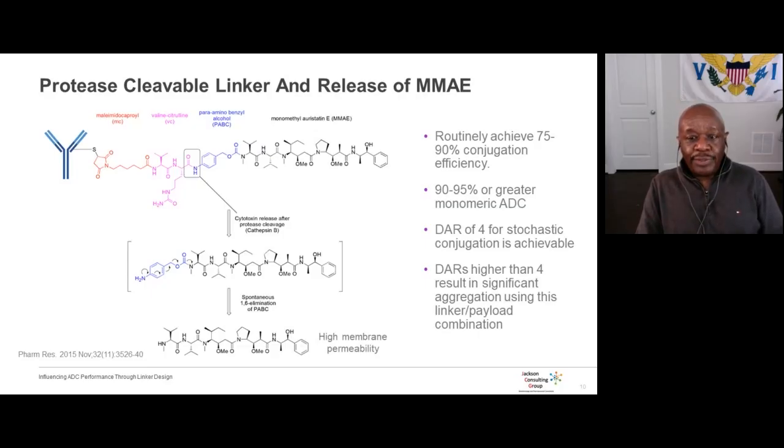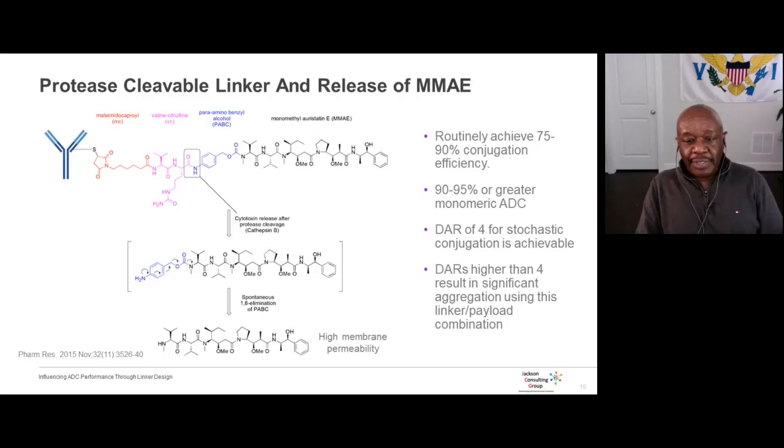Now, some of the other features that we see routinely now using this and other types of conjugations is that we have between 75 to 90% conjugation efficiency. Remember, Mylotarg was only 50%, so we've improved that substantially. There is between 90-95% greater monomeric content, so you've reduced the aggregation issues associated with some of the other conjugations.